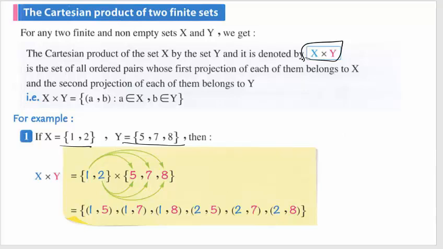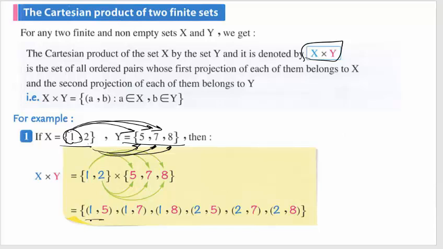As we said in the previous slide, the word ordered pair means I have 2 numbers, first image and second image, first projection and second projection. The first projection is from the set X, and the second projection is from the set Y. So when I say X product Y, this means I will take each element from X, like 1, once with 5 and with 7 with 8, and the other one 2 with 5, also with 7 and with 8.